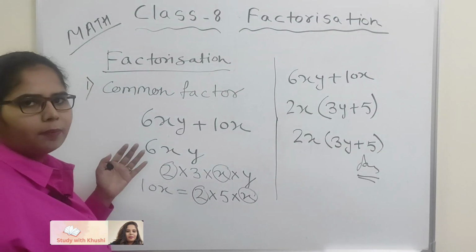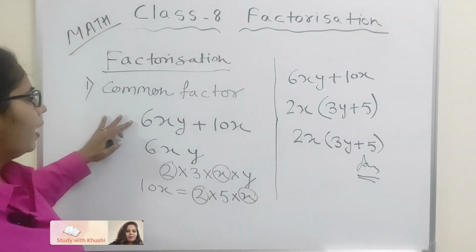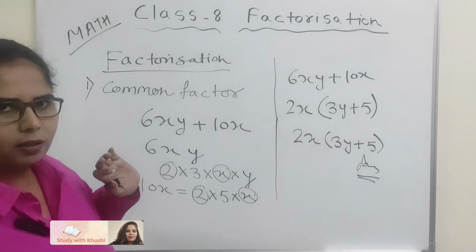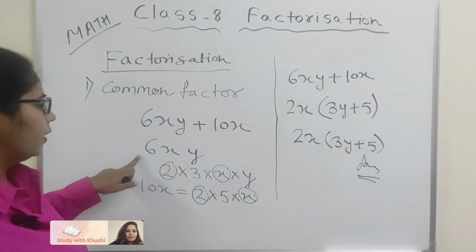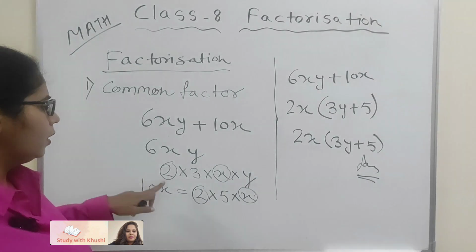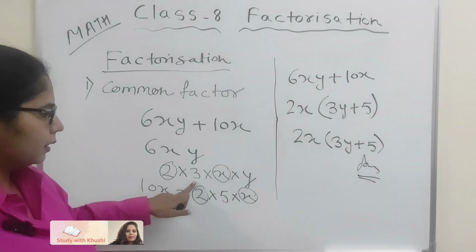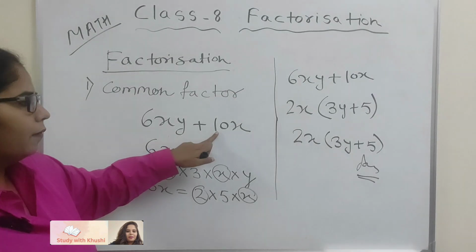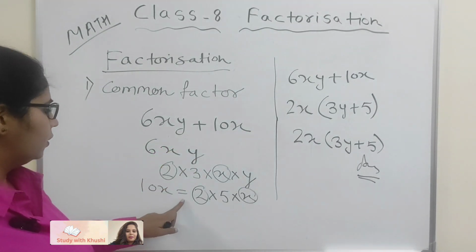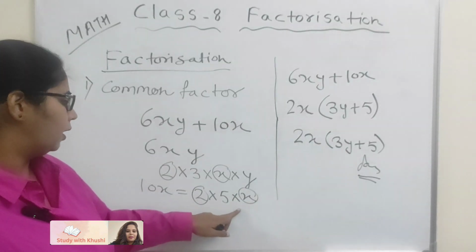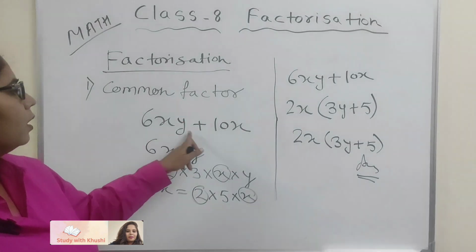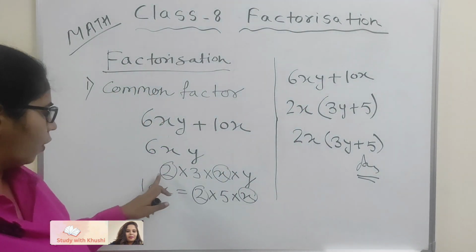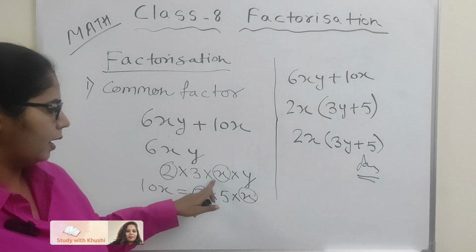Okay, one more time I will repeat this. Suppose I have to find the factorization of 6xy plus 10x. First we check in which table 6 comes. 2 multiplied by 3 is 6, x is here, y is here. Similarly, 10x is 2 into 5, that is 10, into x. Now, what is common here? 2 is common and x is common.